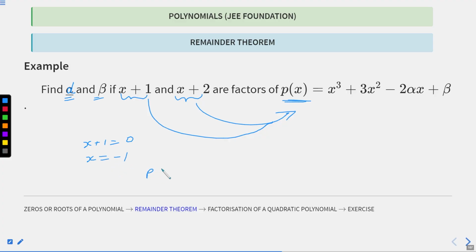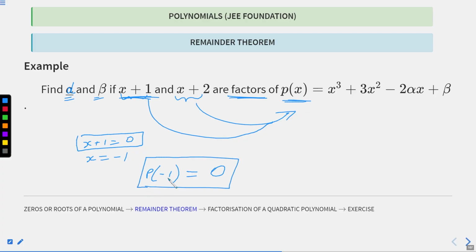Then we find the polynomial value at x equals minus 1, and this will be 0 because x plus 1 is my factor.